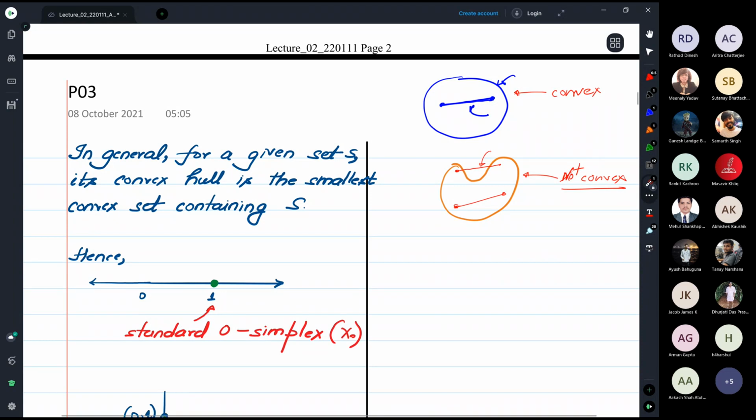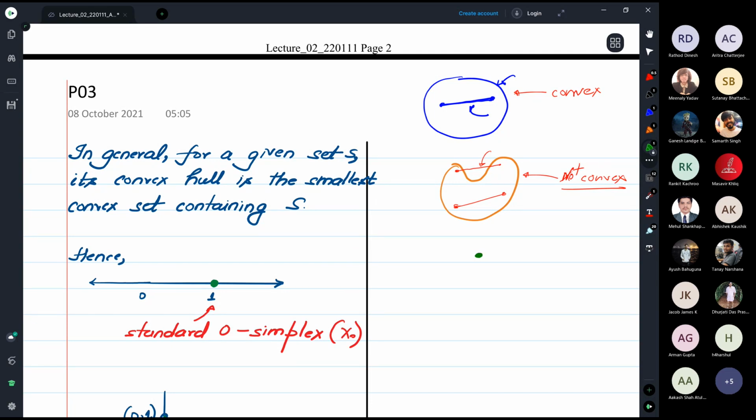And what is a convex hull now? If I give you a set S, which can be arbitrary, then its convex hull is the smallest convex set containing S. Is this okay? Let me give you an example. Let's say I give you 1 point. Is this set, which only consists of 1 point, convex or not?